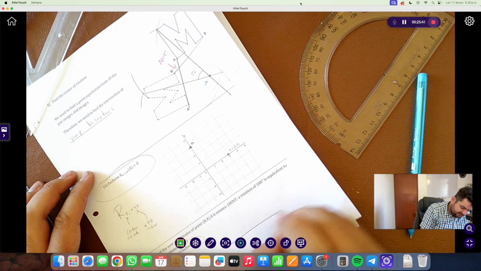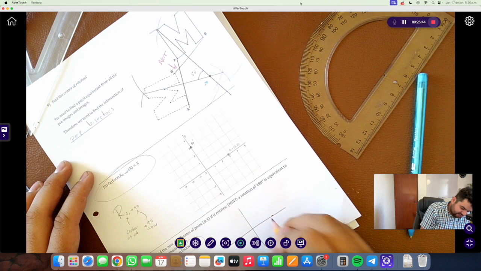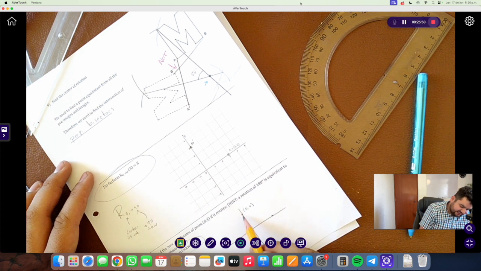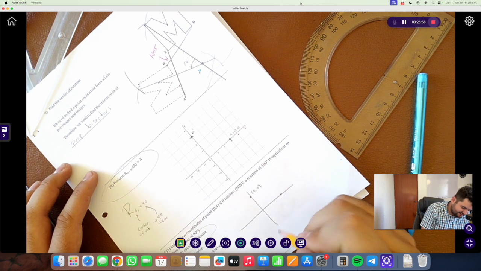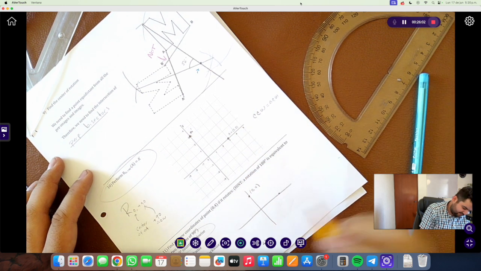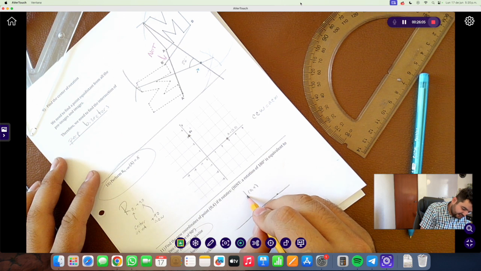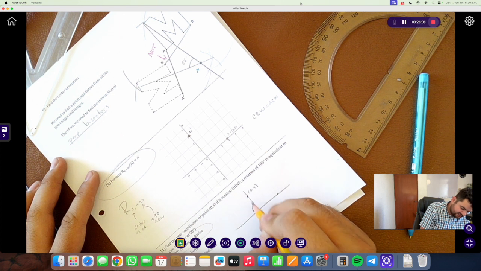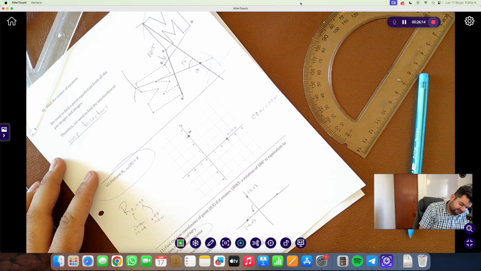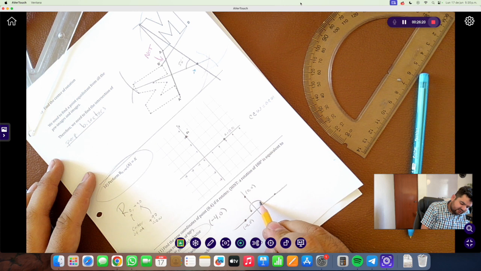So if I have a point 0, 4, 0 in x, 4 in y, and I want to rotate it 90 degrees counterclockwise, and that is why ACW, counterclockwise and anti-clockwise are the same thing. 90 degrees counterclockwise means that it will end up here at -4, 0. 90 degrees clockwise means that it will end up here, 4, 0.